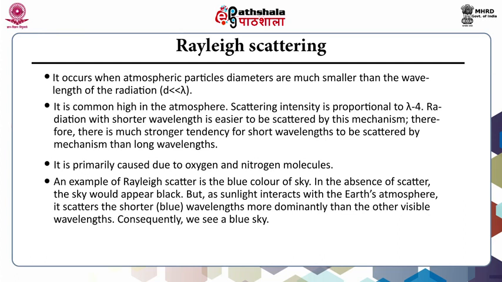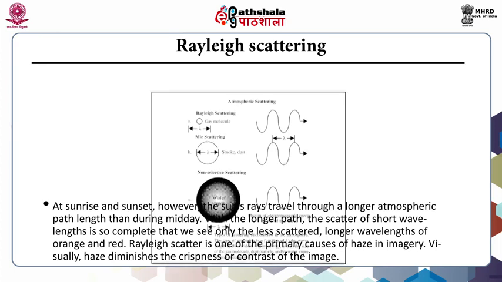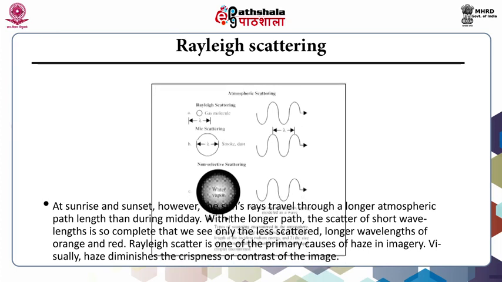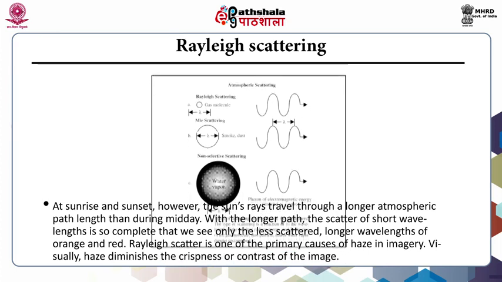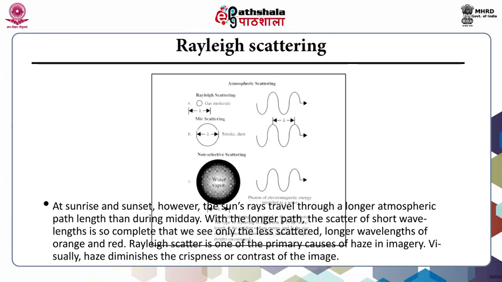Consequently, we see a blue sky at midday. At sunrise and sunset, however, the sun's rays travel through a longer atmospheric path length than during midday. With the longer path, the scatter of short wavelengths is so complete that we see only the less scattered longer wavelengths of orange and red.